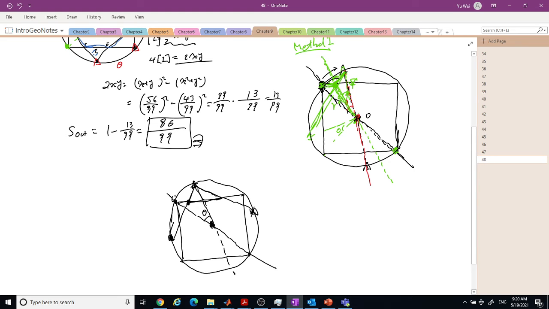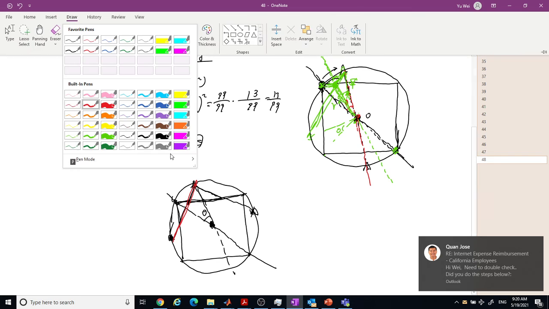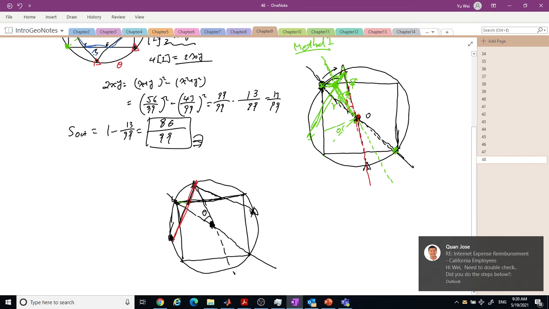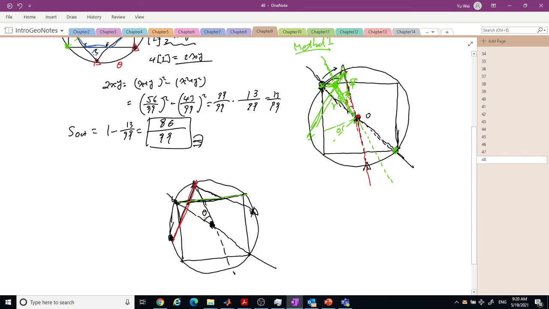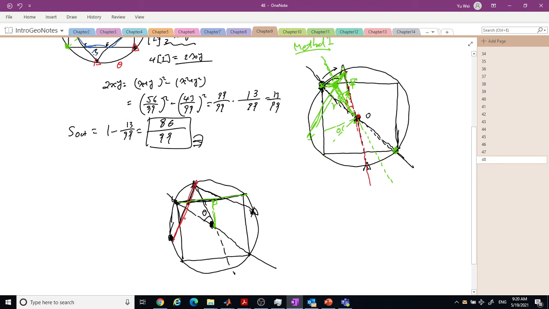From the center, we notice that this chord is equal to this chord. The two green chords equal the red chord. From the center, we can take the length of the perpendicular bisector to the chord.